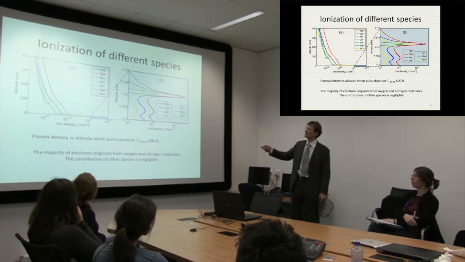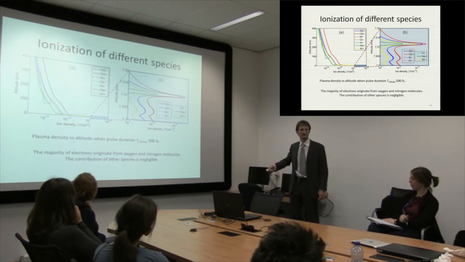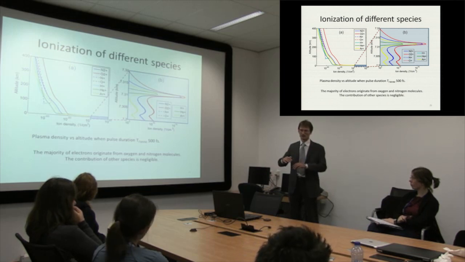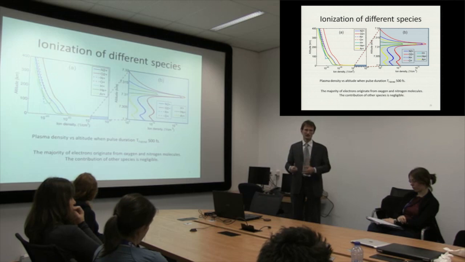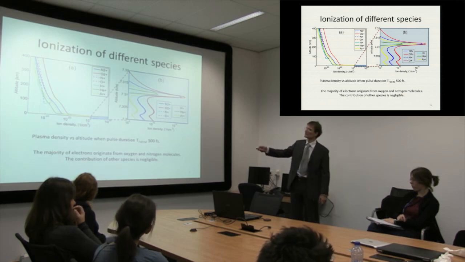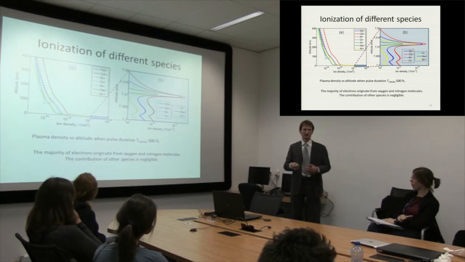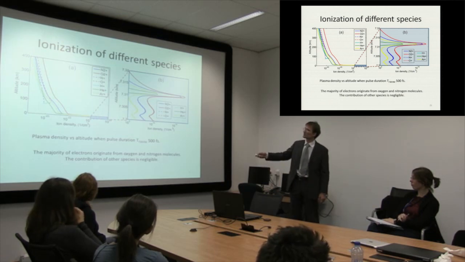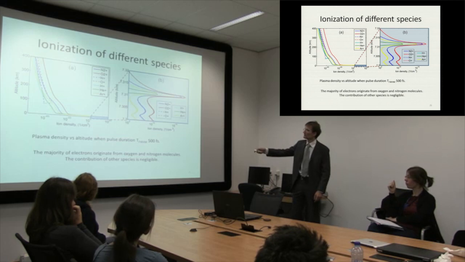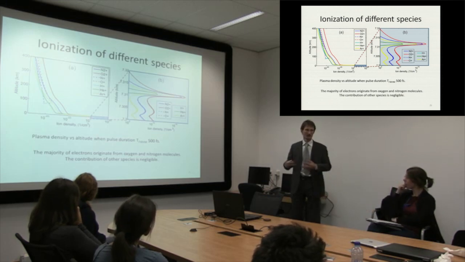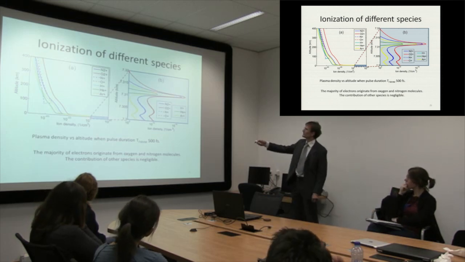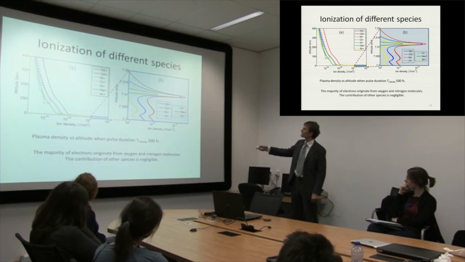The oxygen molecule, O2, has a smaller band gap, so it is easier to ionize. And we see that in almost all of the propagation it contributes the most.